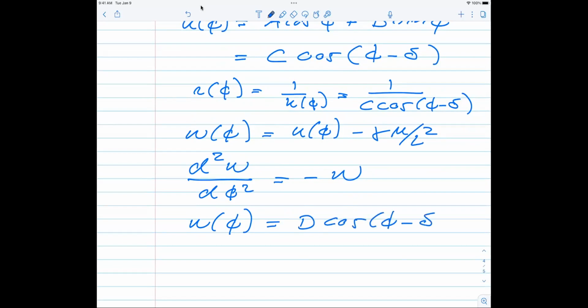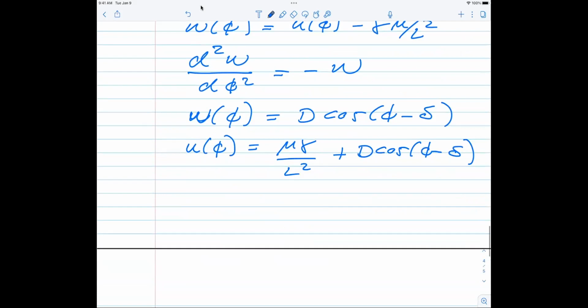I'm going to use the same delta here. This is w, not u, but now comes u. I hope you can distinguish my different letters here. So u is given by mu times gamma divided by L squared plus a constant d times cosine of phi minus delta.